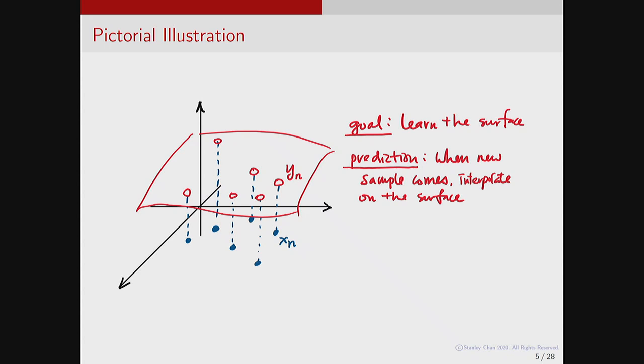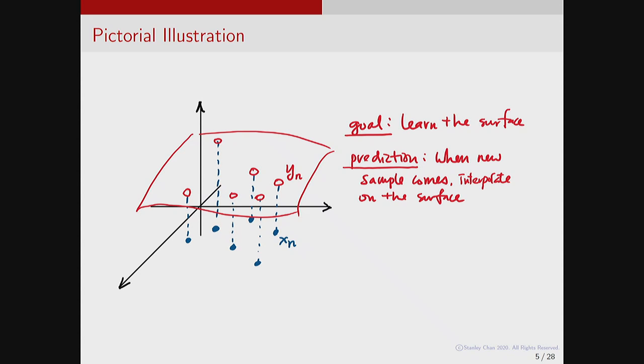Linear regression says that I'm going to draw the surface by looking at all the data at once, a global structure. Kernel method says that I'm going to do this locally. I will still draw the surface, but it will be a different surface. I will do the surface drawing locally, and then once a new data point comes, I will just grab its neighborhood and make a prediction. That is the picture between linear regression and a kernel method.